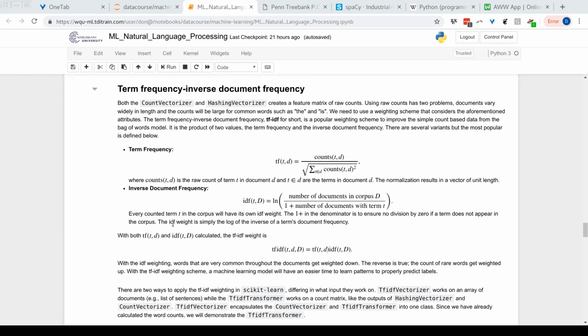Let's talk about the term frequency. The term frequency represents how frequent that term was across the document. It's going to be equal to the count of that word divided by the square root of the sum of squares of all the counts.